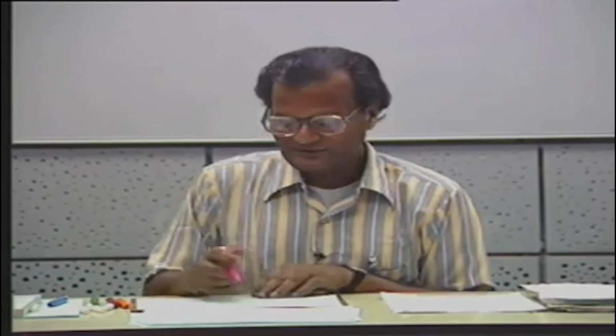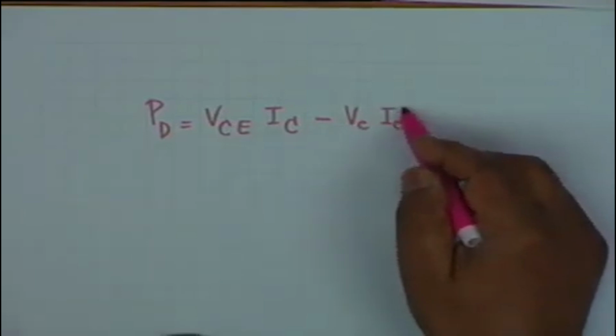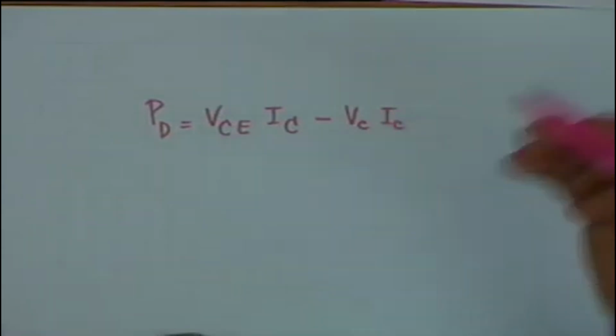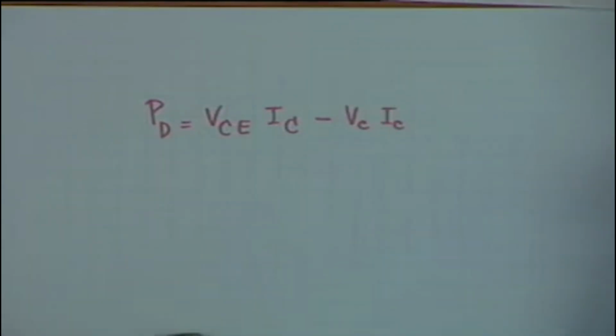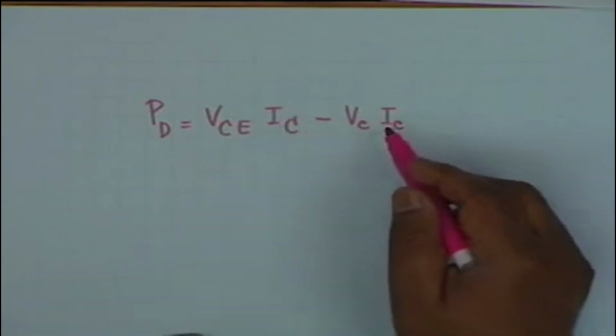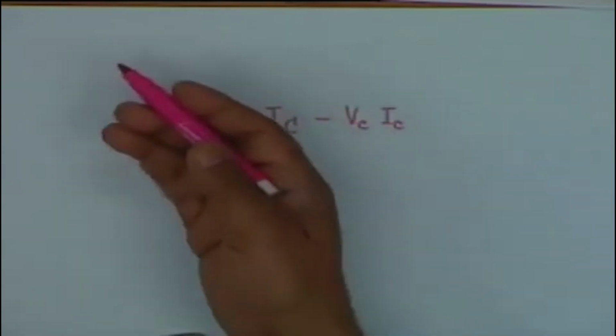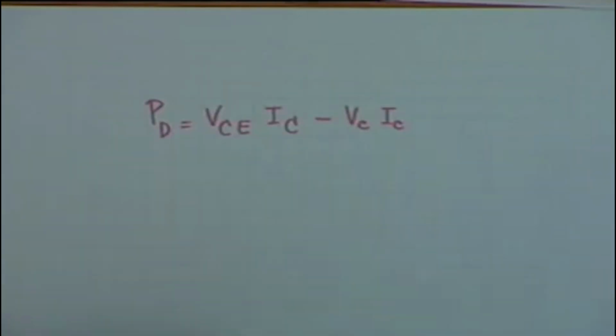It should have been clear from common sense. VCIC is the power delivered by the battery, and this is the power that is transformed into signal power and is delivered to the load. So the total power supplied by the battery minus the power supplied to the load, signal power, must be the power dissipated in the transistor.